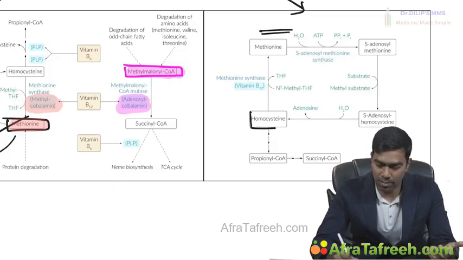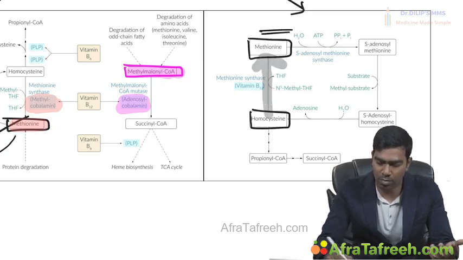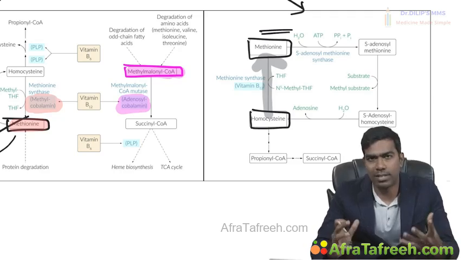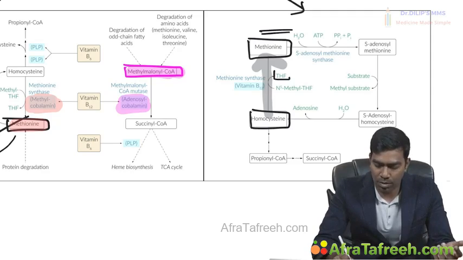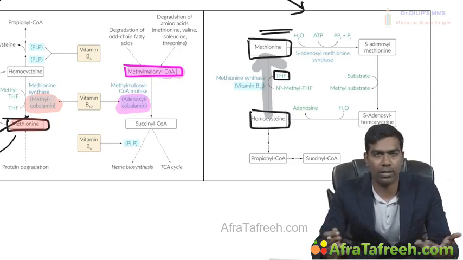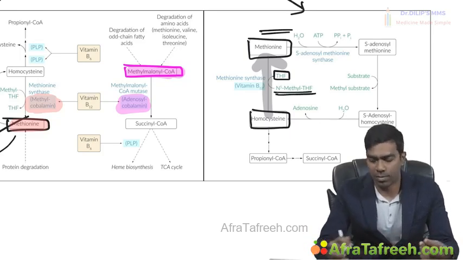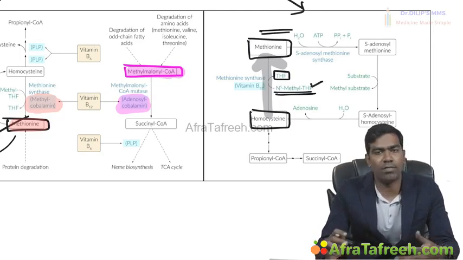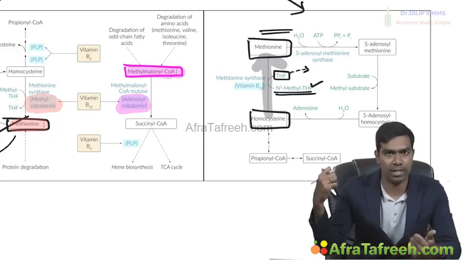So why is this methionine cycle important? You can see this methionine cycle participates in methionine-homocysteine reactions, where methionine is formed from homocysteine. Why is this step very crucial? Because this is the place where you form tetrahydrofolate, THF, from N-methyl THF, which means this methylated form of THF becomes tetrahydrofolate, which is further going to participate in a series of reactions which I will discuss later on.